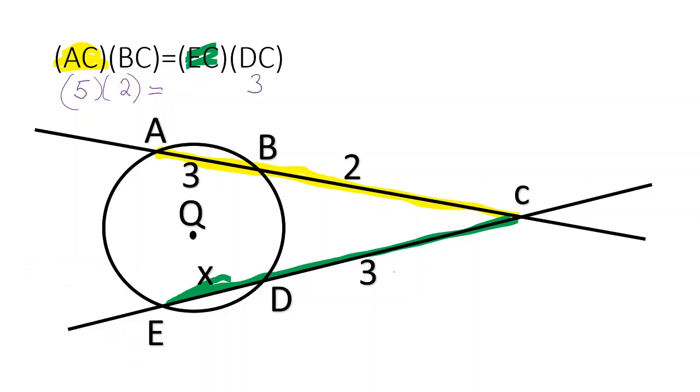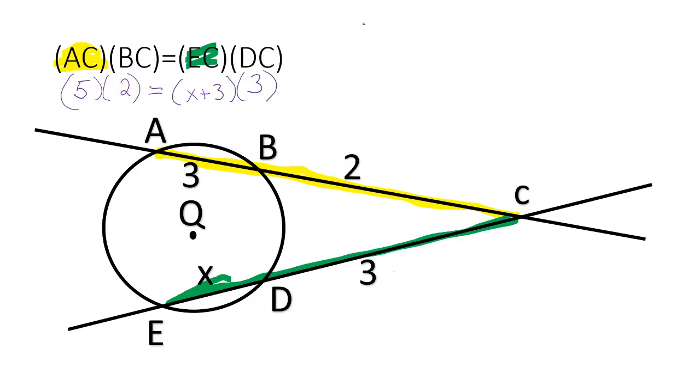Isn't D to C 3? What about E to C? Is it x? No, not even close. I think it's going to be x plus 3. Because isn't that how we got AC on the top? The yellow line was we did 3 plus 2 equals 5. It's a little bit easier to see that E to C, the green line, is x plus 3. But that's what it is.